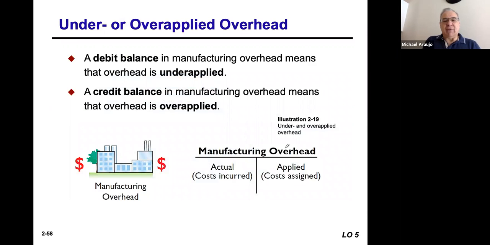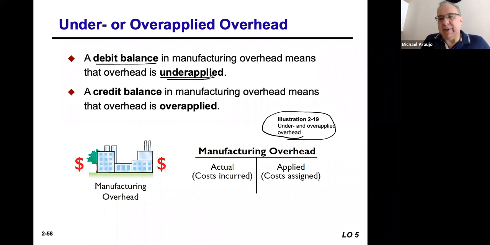So when we look at manufacturing overhead, there's going to be two possible outcomes at the end of a particular job or period of time. We're either going to have a debit balance in the manufacturing overhead account, in which case we underapplied the amount of overhead to the jobs that we did.